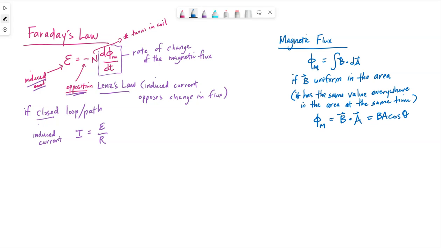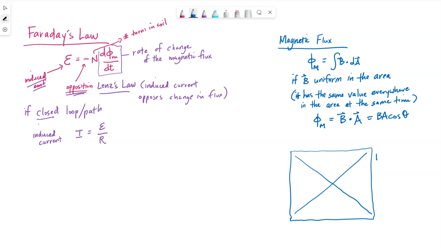So for example, let's say we had an area that everywhere in this area there was something creating a magnetic field pointing into the screen. I'm not particularly concerned about what's creating this field.